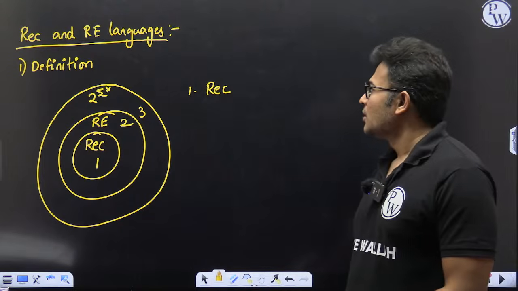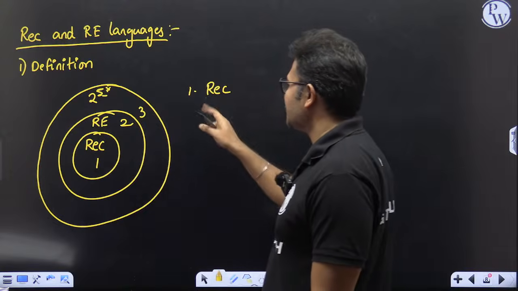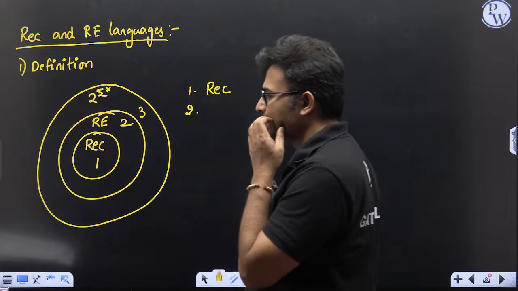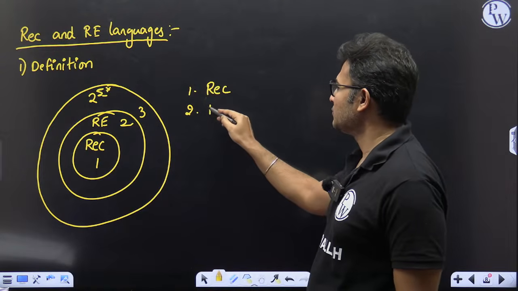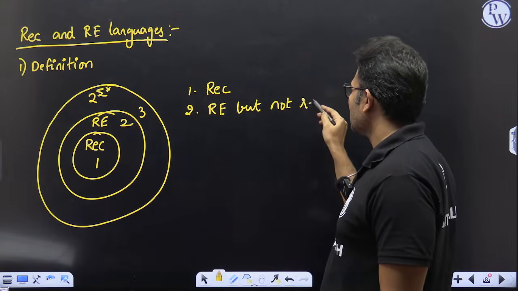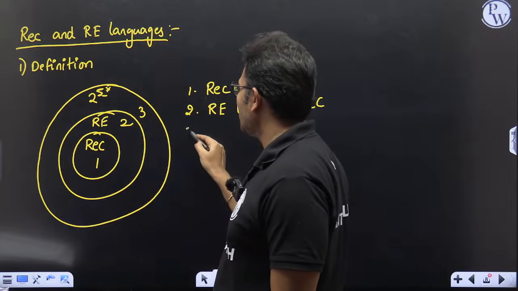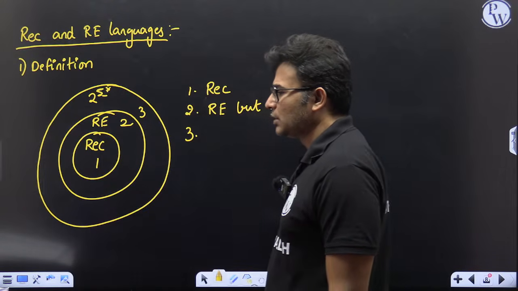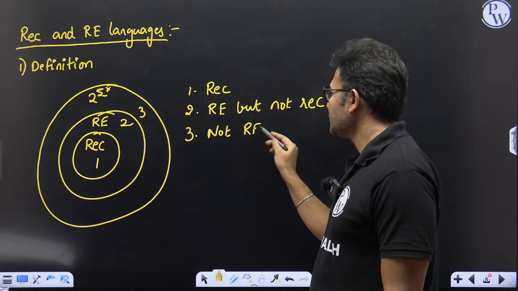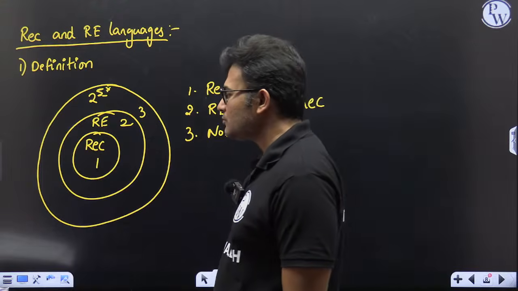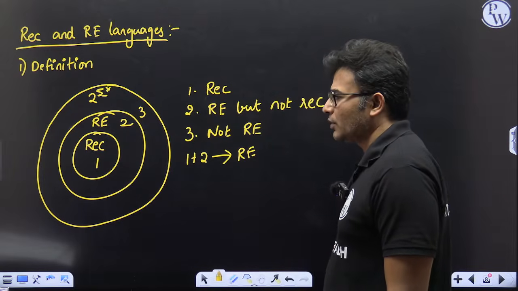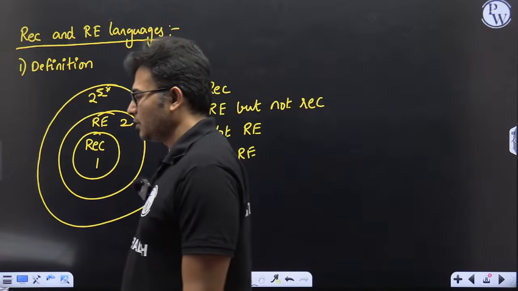Okay, so 1 is recursive language, and 2 is recursively enumerable but not recursive, and 3 is not recursively enumerable. And 1 plus 2 is recursively enumerable.